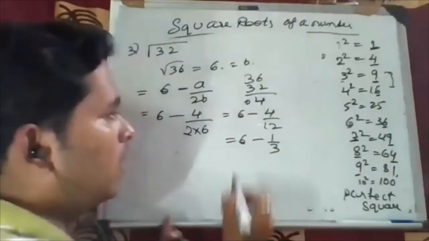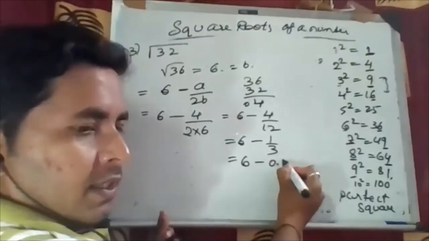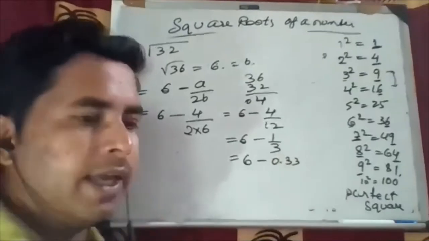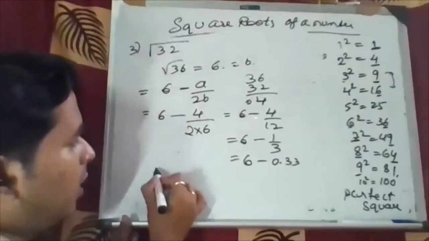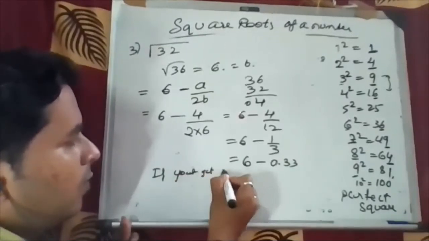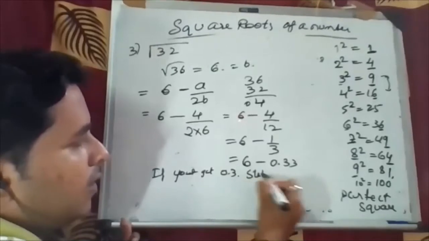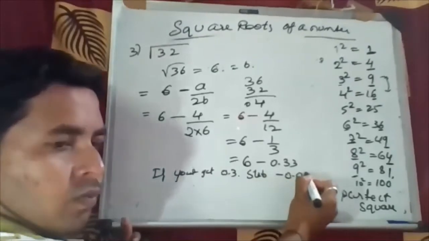Now you got how much? 6 minus 0.33. And what condition did I tell? If you get 0.33, you have to subtract 0.01.